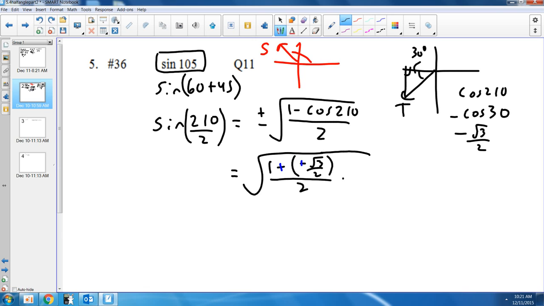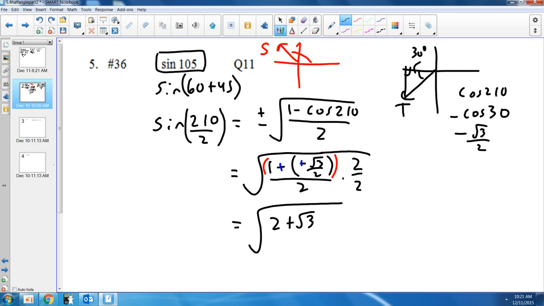So under the radical sign, if I multiply by 2 over 2, when I distribute that 2 through the whole thing in parentheses, I end up with 2 plus radical 3.